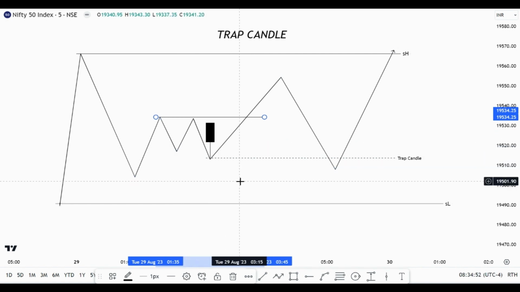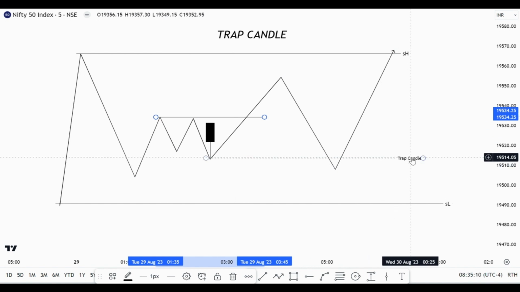The wick of the candle could be at least half of the total range. Whenever you see this long wick, and following it the price takes out this internal high, you can mark this low as a trap candle low wick.